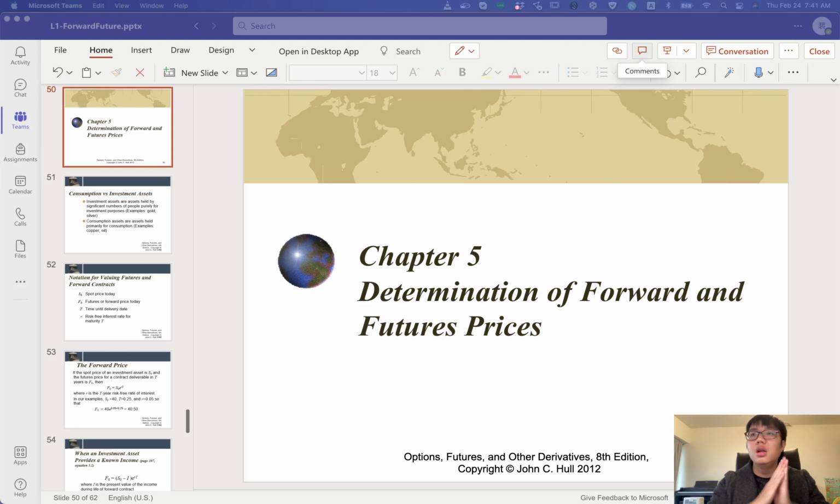However, if you buy 1,000 tons, 1,000 containers of oil, the storage cost is a lot. So holding a commodity is very costly because of the storage cost.